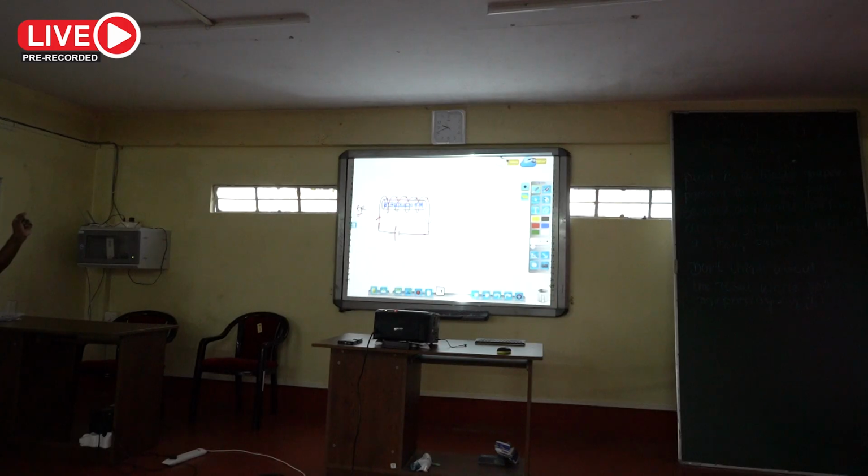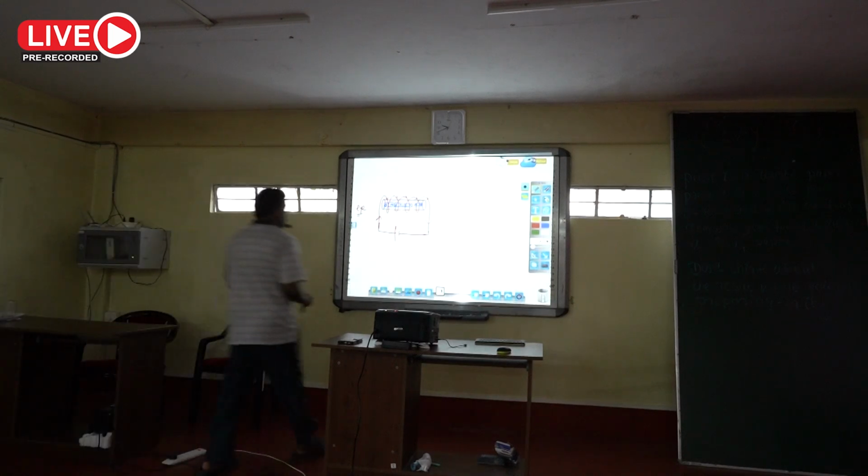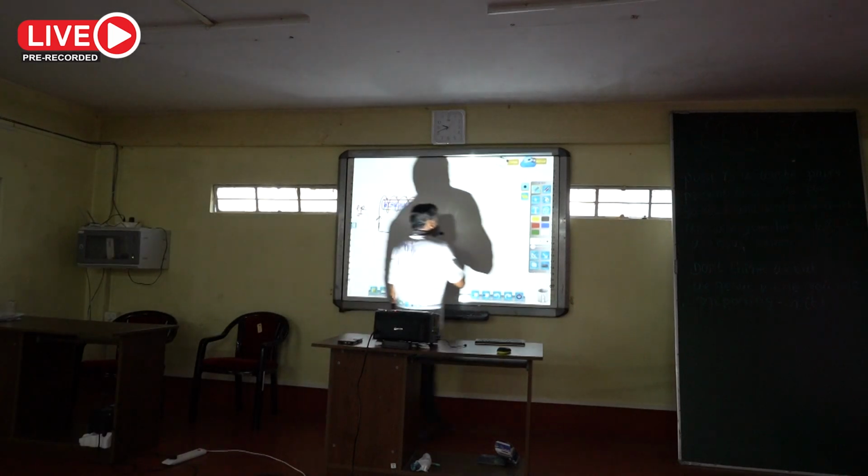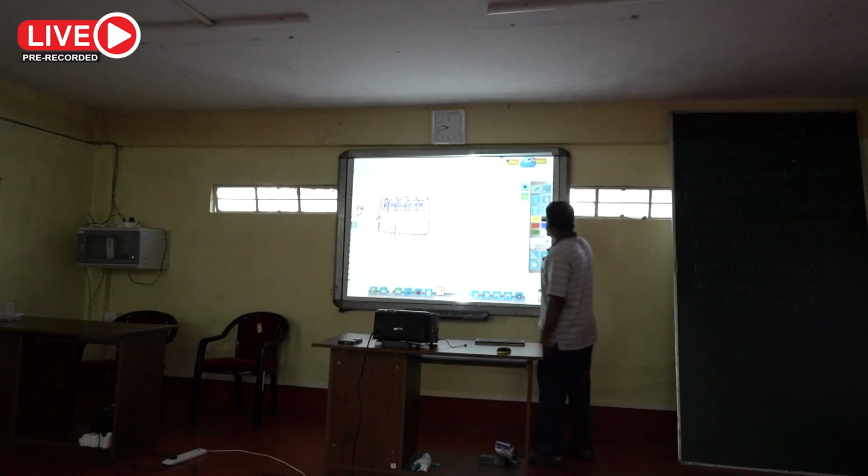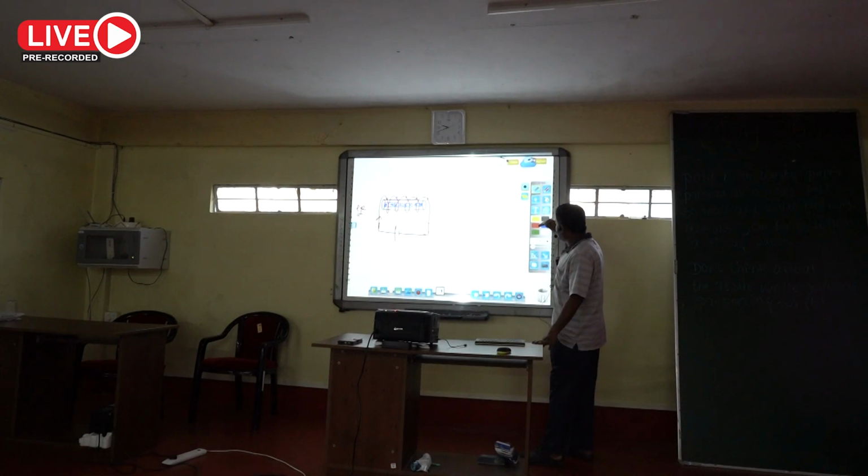So in between, north and south overlap, so they cancel each other, but towards the ends, north and south remain uncancelled. So they represent a net magnetic pole strength on the two sides, slightly inside. Why? Because if you draw the field lines for this solenoid, it is just like a bar magnet and it looks like this.